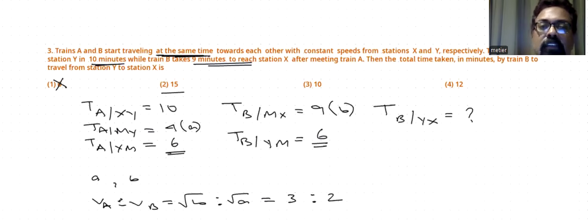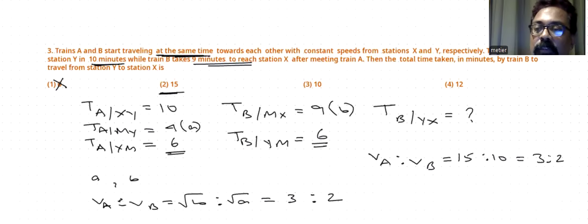Right? Now check here. Train A takes 10 minutes to cover the whole distance. If train B takes 15 minutes to cover the whole distance, then what we can say is that for the whole distance, VA to VB will be the reciprocal of the times. So A takes 10 minutes, B takes 15 minutes, so their speed ratio will be 15:10, that is 3:2.